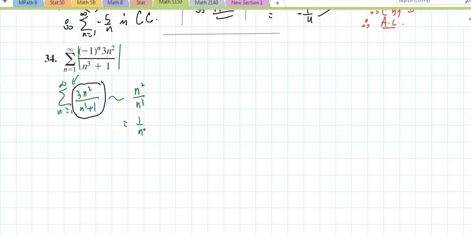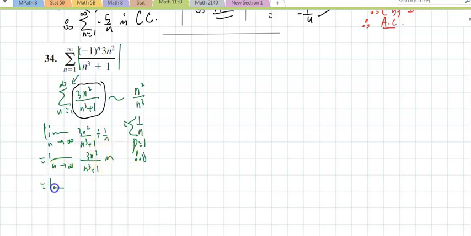Remember, 1 over n is a sequence that converges, but the series of that diverges, so make sure you put a series. If I take the limit as n approaches infinity of 3n squared over n cubed plus 1, divided by 1 over n, that is the limit of n cubed plus 1 over 3n squared times n, which is the limit of 3n cubed over n cubed plus 1.